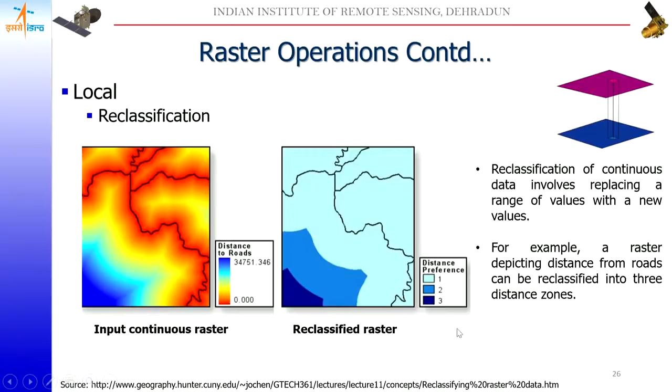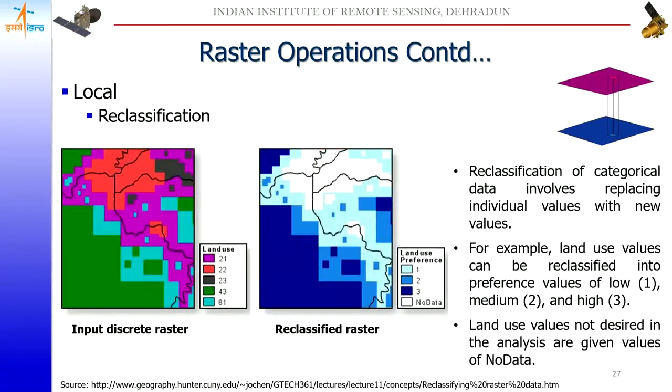So we can convert the continuous raster into a different reclassified result based on our requirement. Now we can also do it for the discrete. The first example we have seen in the previous slides. Again, we reclassify them, as I said, into various categories based on our preference, either as low, medium, or high. We can even mark them as no data so that they are not used in the subsequent analysis.